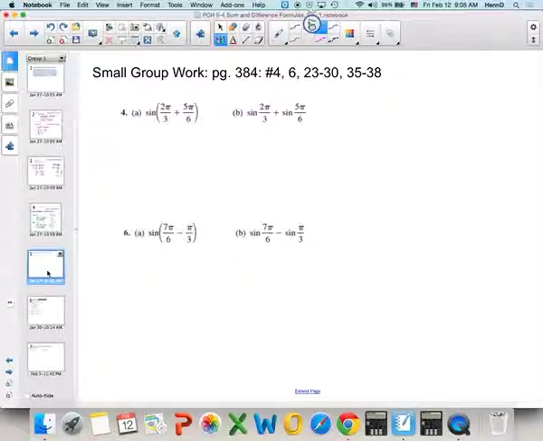This isn't multiplication, so you wouldn't distribute anyways. But this is what people often will say: sine of 2 pi over 3 plus 5 pi over 6 must be the sine of 2 pi over 3 plus the sine of 5 pi over 6. It doesn't work that way. That's why we have this formula that we were looking at today. Here you can look at both of these values and see those are totally different values in the end. So I'm going to let you get started with that in the time that we have left.